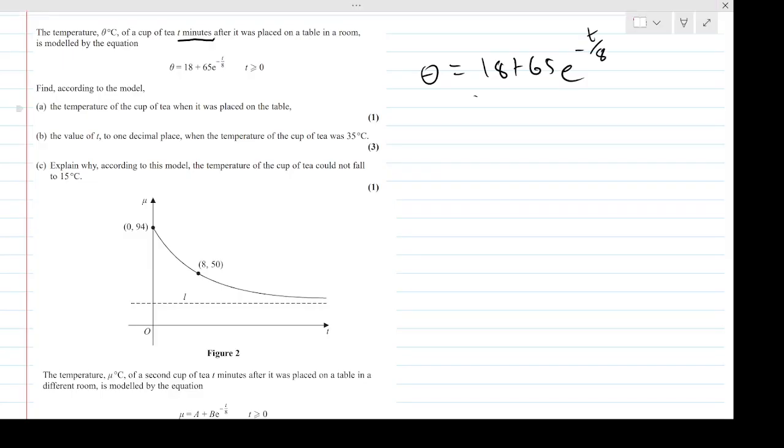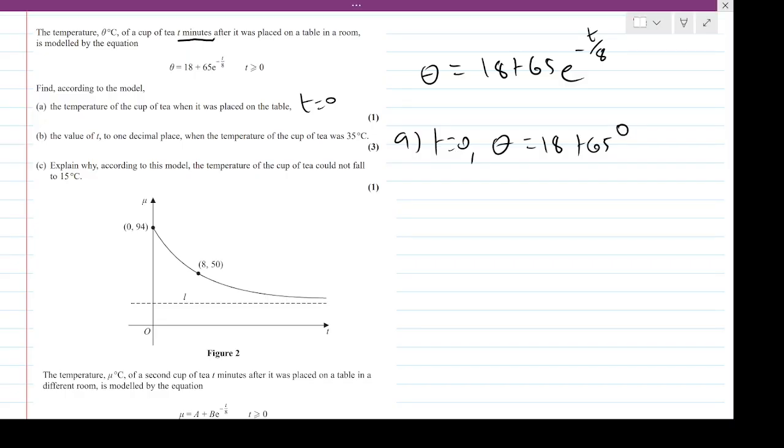Now it says find according to the model the temperature when it's placed on the table. So hopefully you recognise that's talking about the initial time when t is 0 at the start. Because remember, t is minutes after it was placed on the table. So simply t is 0, then theta is going to be 18 add 65 lots of e to the negative 0 over 8.